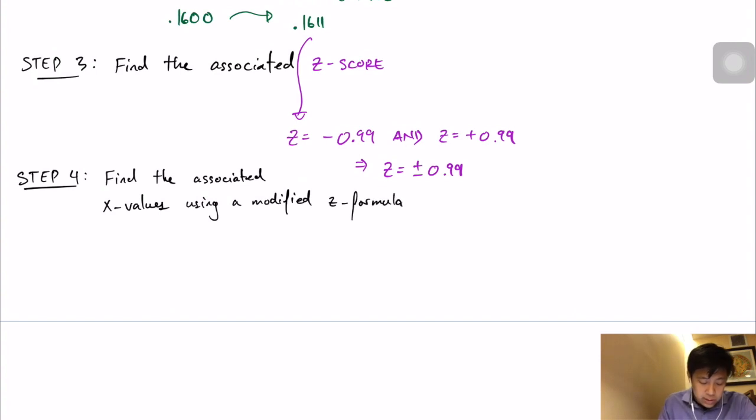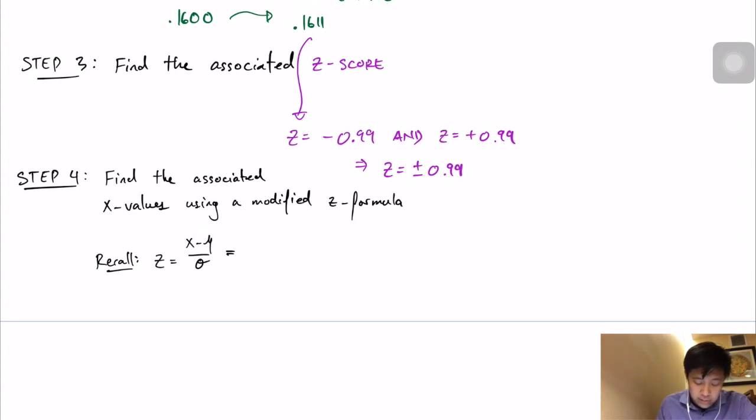Now I will say this, recall that our z-score formula is the following. Previously I've used algebra to derive the formula. I won't do it this time, but I will write the formula that we need.